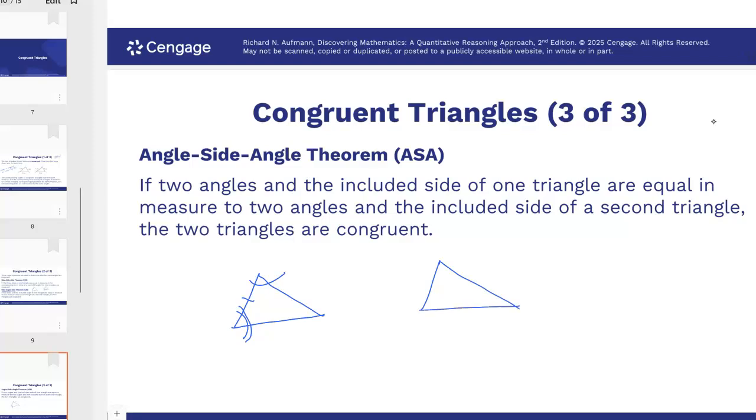So if I have two triangles, I'll call this one ABC and then DEF. So notice B and E are the same, A and D are the same, and then that side between those two same angles has to be the same. Then we would say they're congruent by angle side angle.